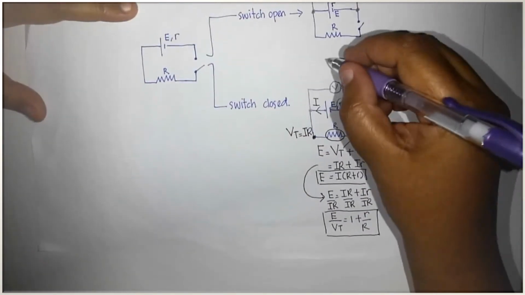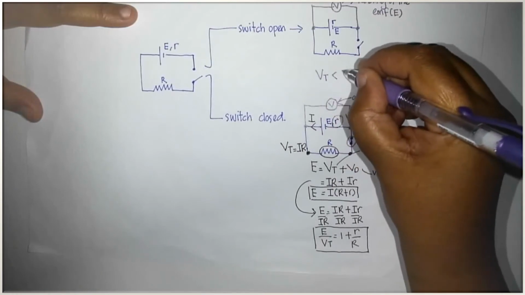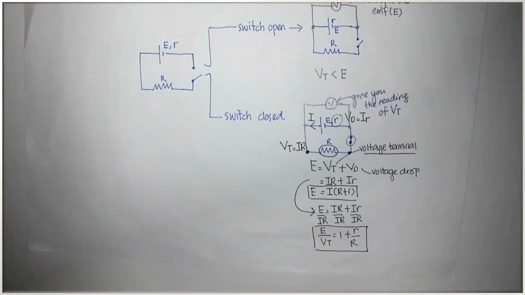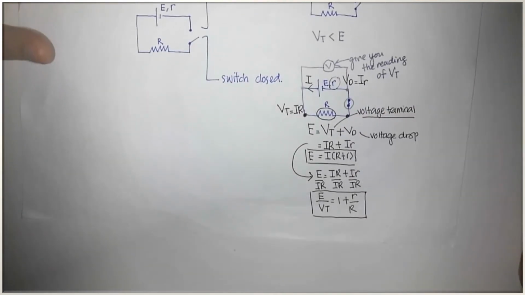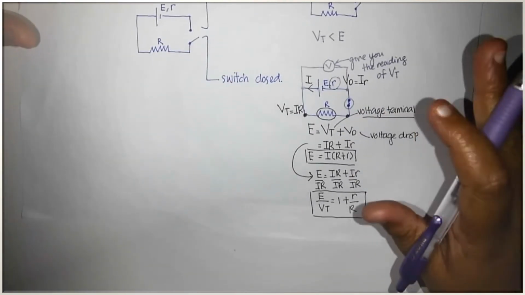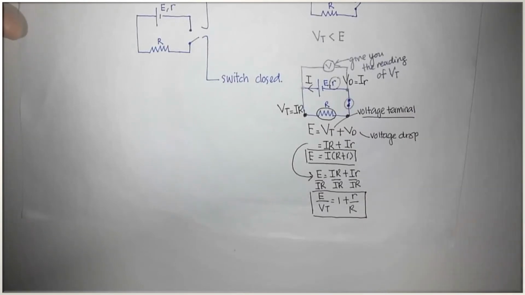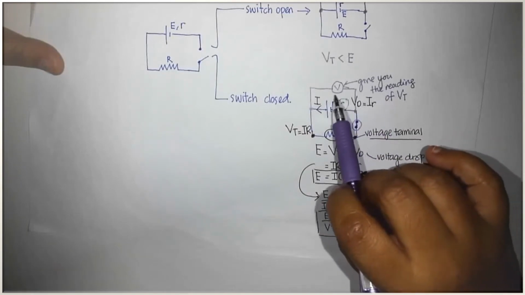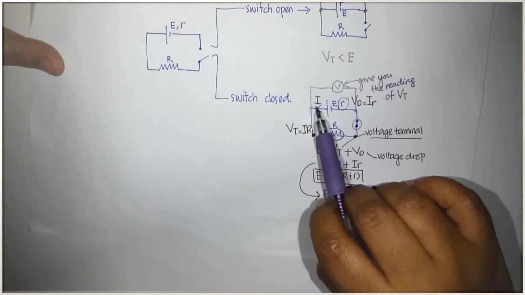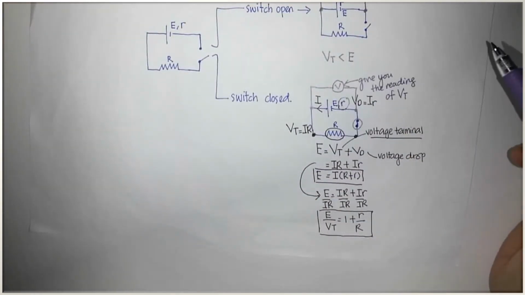Terminal voltage is lesser than the EMF of the battery. The loss of voltage is because of the internal resistance. So this is a very important basic concept before we go to the potentiometer. Using a voltmeter to measure from this point to this point only gives an approximate value. We want an accurate value. So what do we do? We can use a potentiometer. That will be the next video.